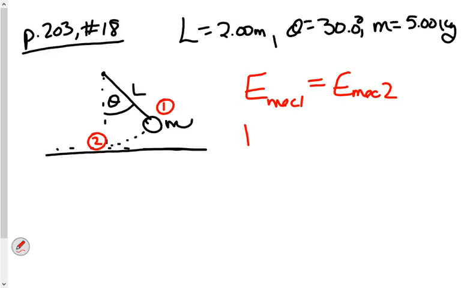And so we're going to have a kinetic energy at point 1, a potential energy at point 1, a kinetic energy at point 2, and a potential energy at point 2. And those potential energies are going to be gravitational potential energies. All right.